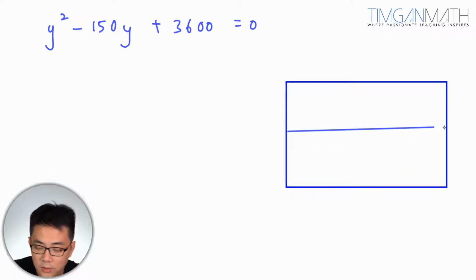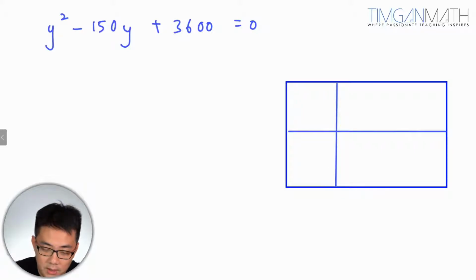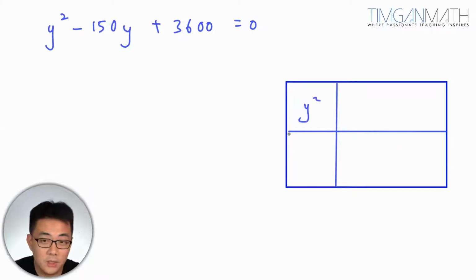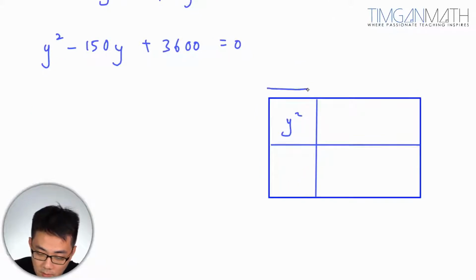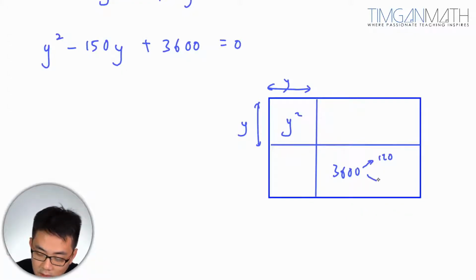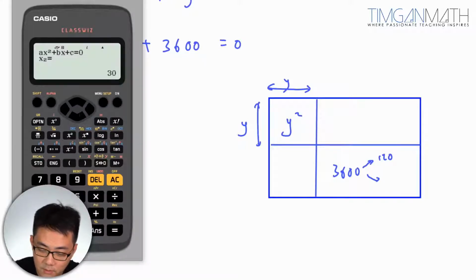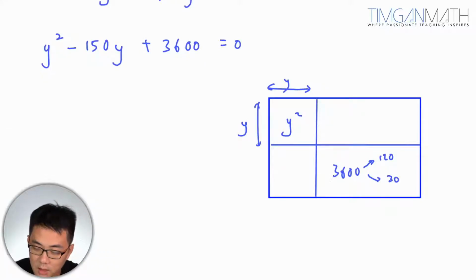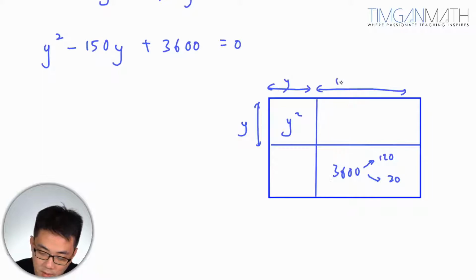There are many ways to do this. I'm going to use the method of completing the rectangle. So this is y, this is y, and this is 3600. We know it should be 120 and 30. You put 120 as the length here, and this is 30, just to split this up.